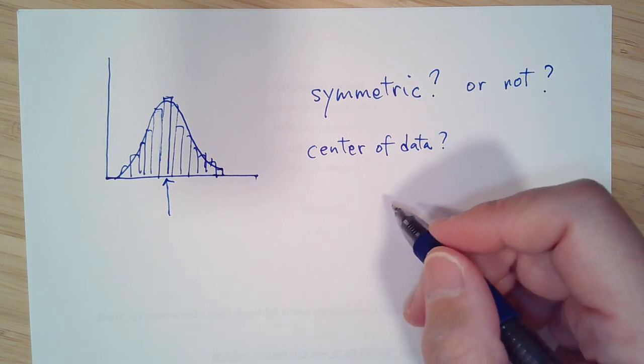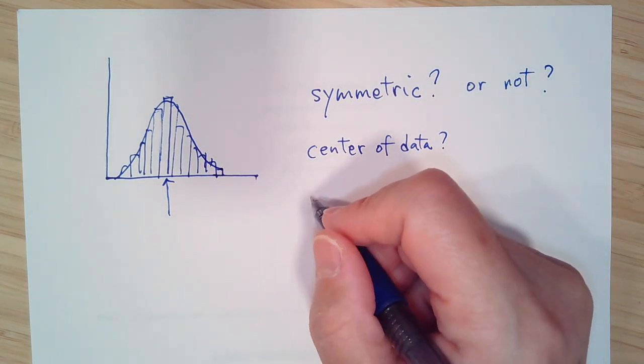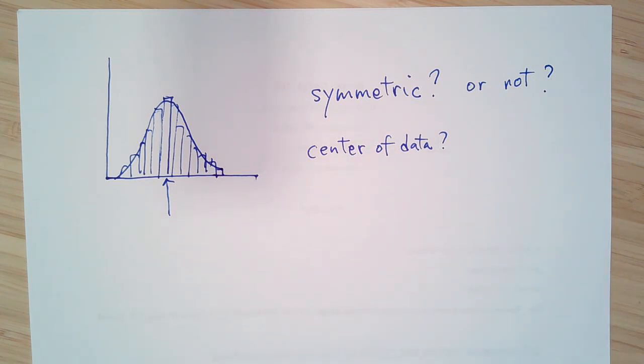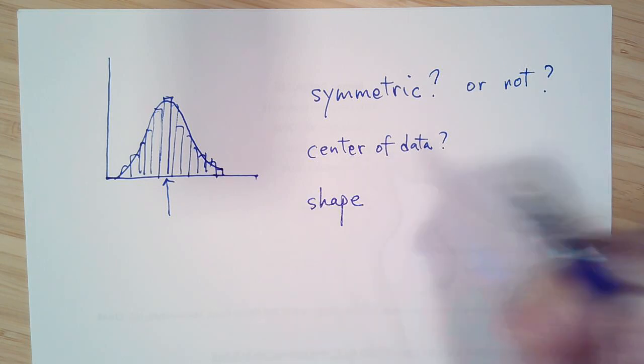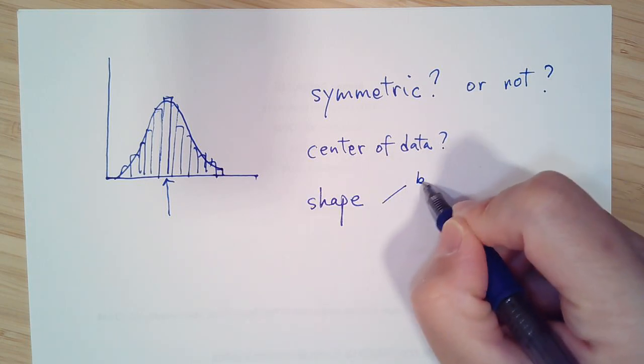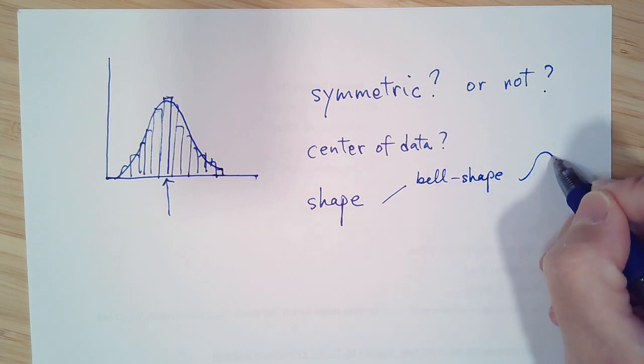All right. And the other one is called dispersion, or we call that spread. I think there's a couple of words people use. Or we say the shape. So is it bell shaped? Bell shape looks like this.